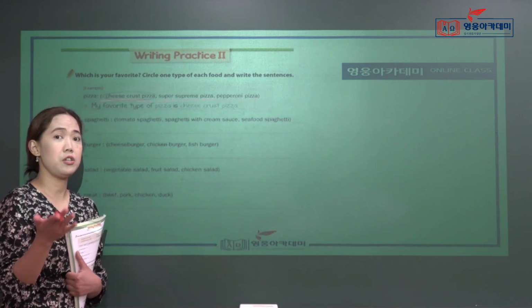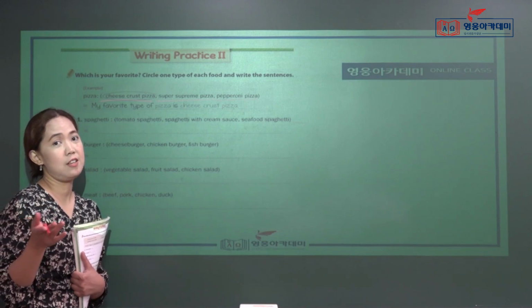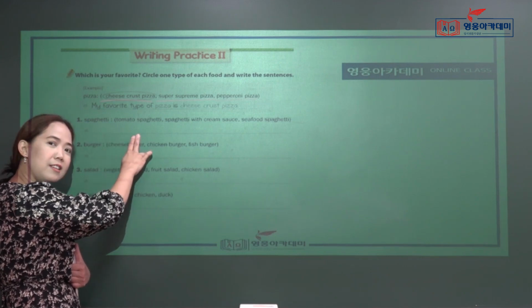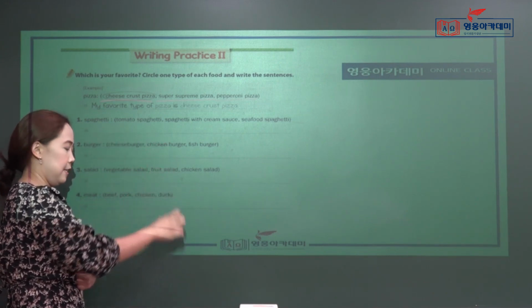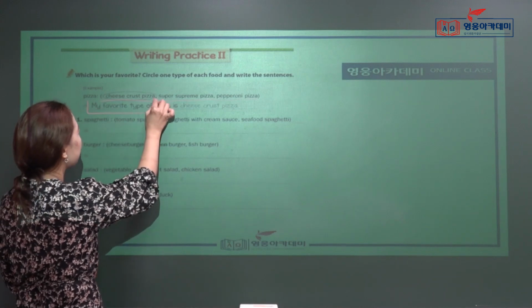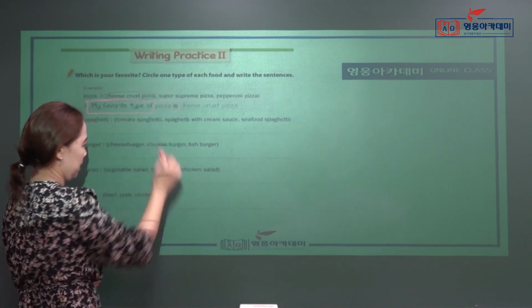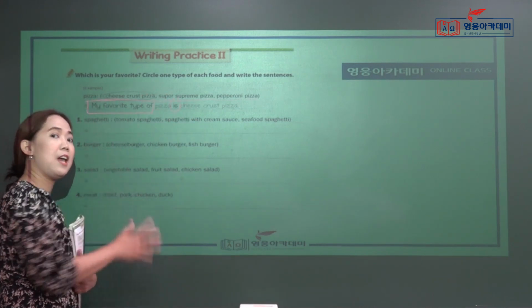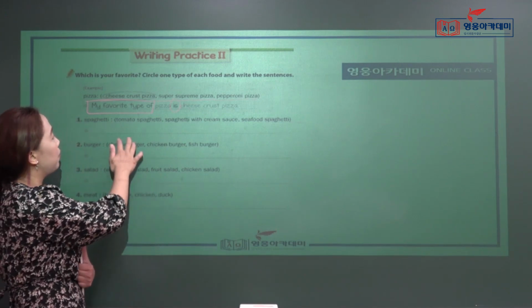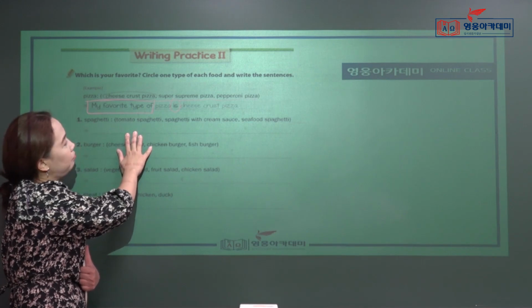Okay, I'm pretty sure you guys also have your own favorites. So in here, you choose whatever you want and then write the sentence here. Write the complete sentence. So for example, using my favorite type of and then is. Okay, for example, spaghetti. There are many kinds of spaghetti. So what are the examples here? Oh, we have tomato spaghetti.